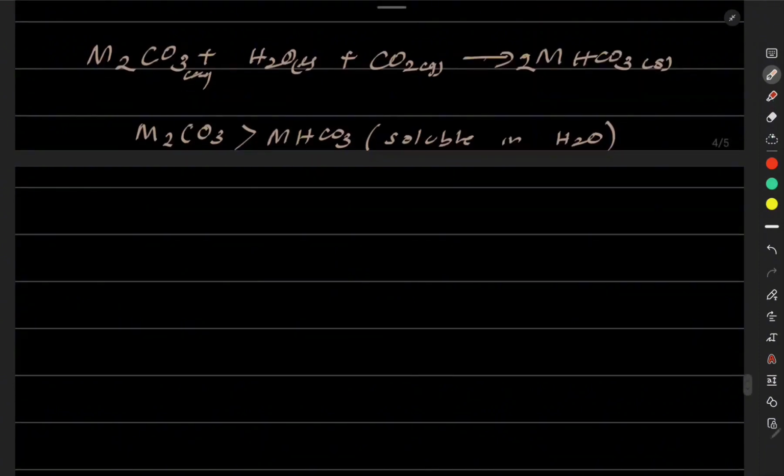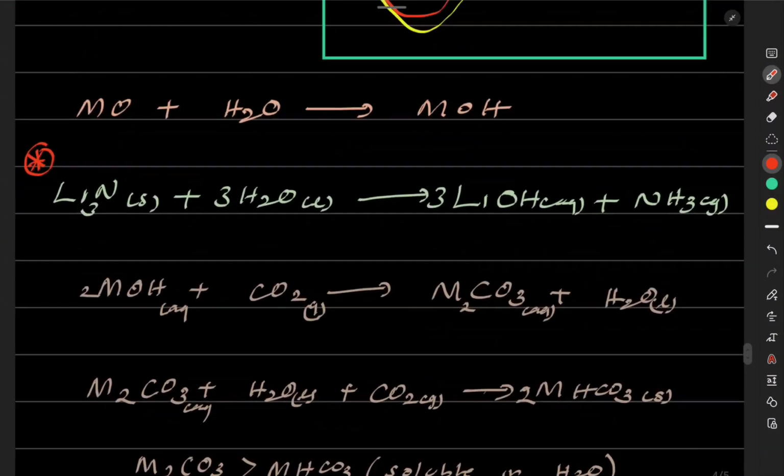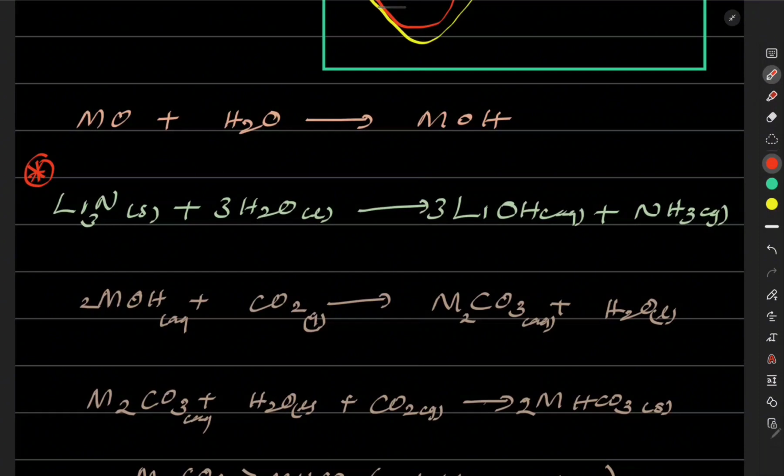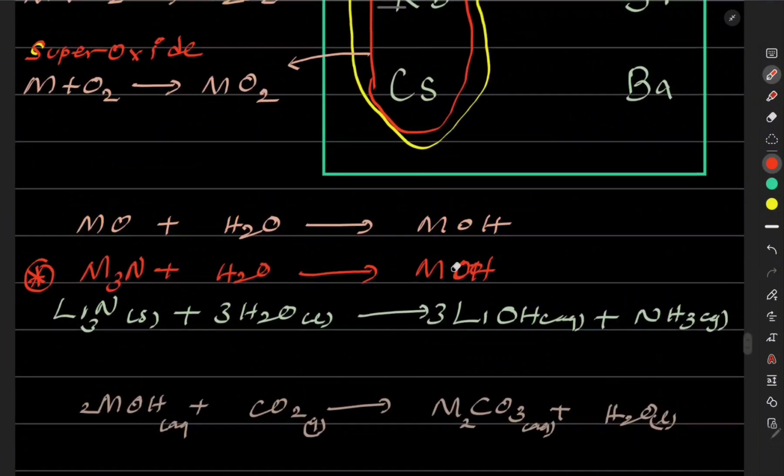First, the nitride reaction: M3N2 plus H2O forms the metal hydroxide plus NH3 gas. This reaction is for lithium and group 2 elements.